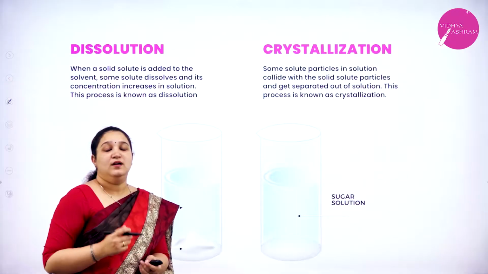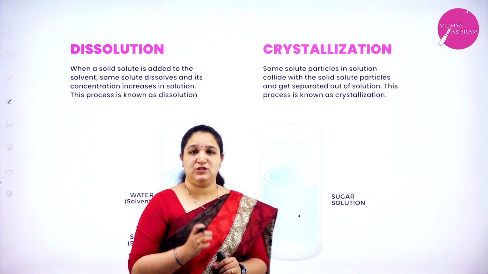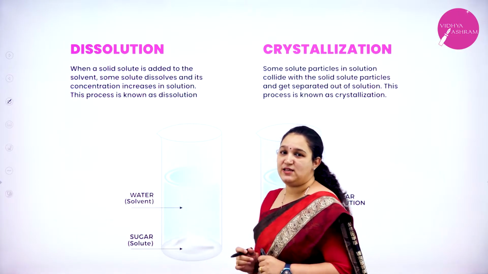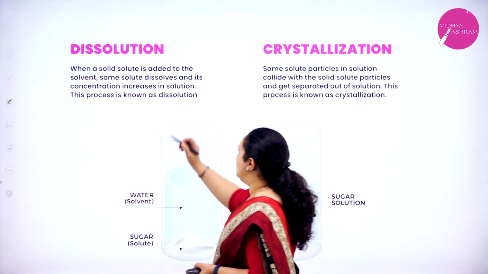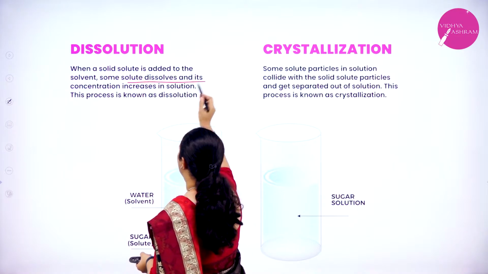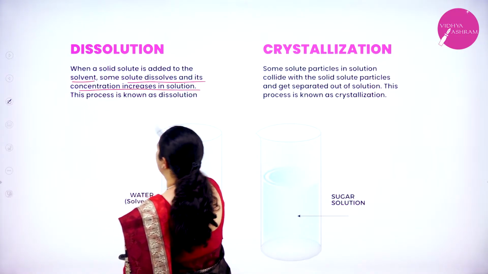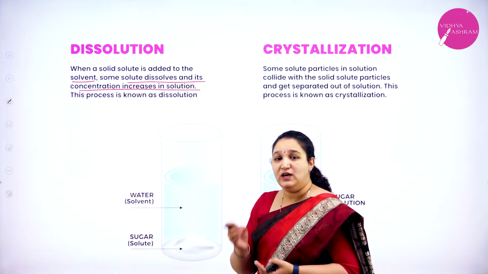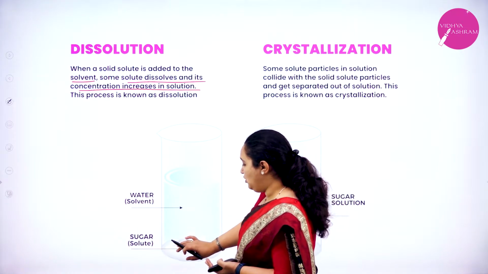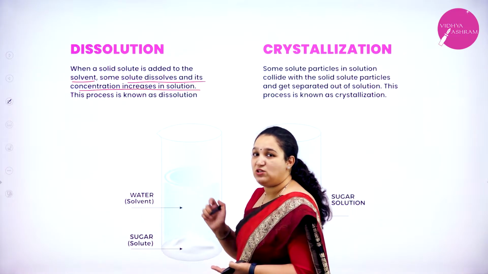Going further, next we are going to study about the concept dissolution and crystallization. What do you mean by dissolution? Dissolution means some amount of solute dissolves in the solvent and the concentration increases in the solution. This process of dissolving a solute in a solvent is called as dissolution.